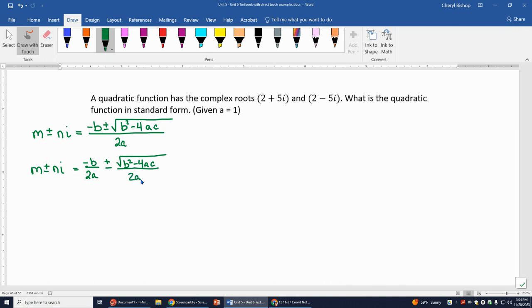We just divided this into two separate fractions, this fraction and this fraction. Well, then this number became our m. So m is going to be whatever negative b over 2a is, and ni is going to be whatever this equals.